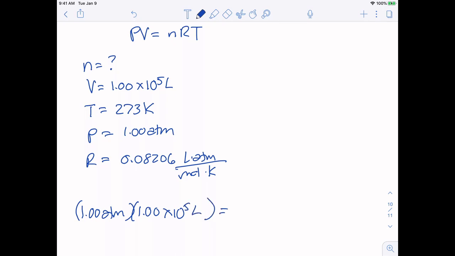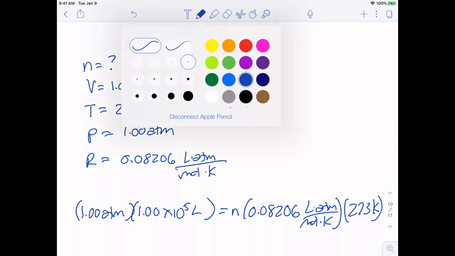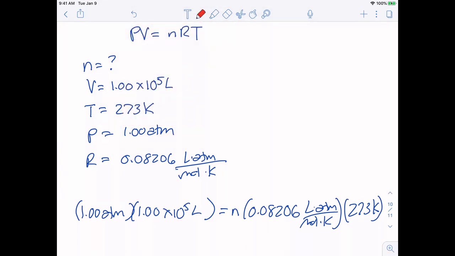My number of moles is my unknown. My gas constant with its giant unit, and then my temperature. My units are going to cancel: liters with liters, atmospheres with atmospheres, Kelvin with Kelvin. So we're going to be left with moles.